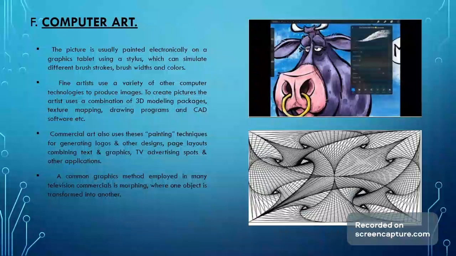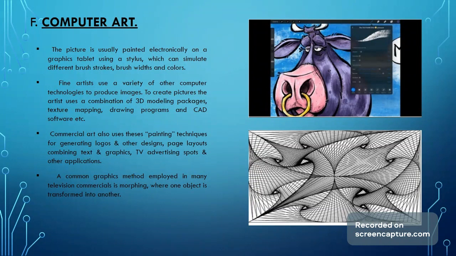The other application is computer art. The picture is usually painted electronically on a graphics tablet using a stylus, which can simulate different brush strokes, brush widths, and colors. Fine artists use a variety of other computer technologies to produce images. To create pictures, the artists use a combination of 3D modeling packages, texture mapping, drawing programs, and CAD software. It is based upon CAD, computer-aided design.